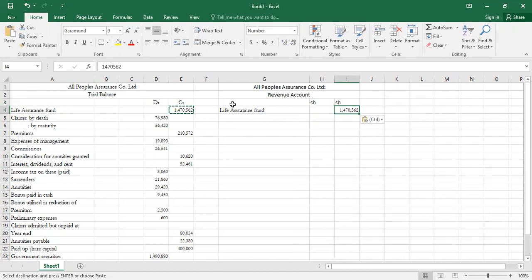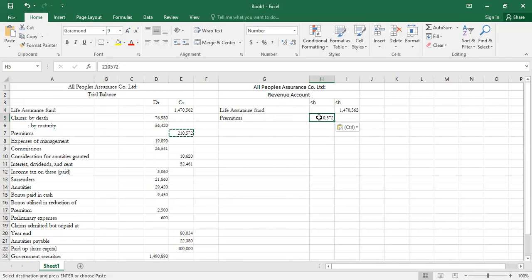Then I have the premiums of 210,572. This needs to be adjusted. And we say that this is the real part.